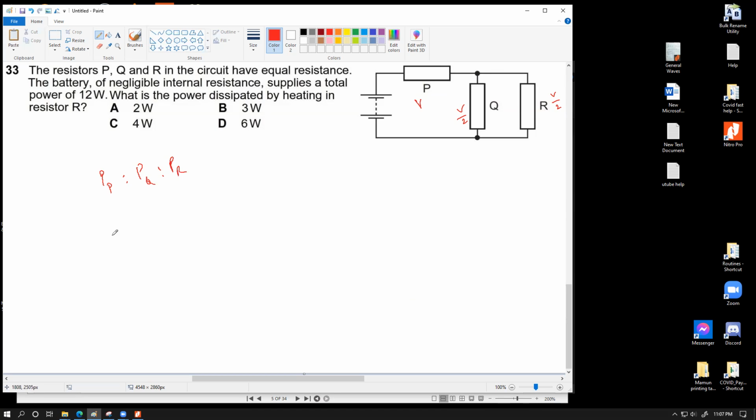So what I'm gonna write, this is gonna be V squared divided by R is to (V/2) whole square divided by R is to (V/2) whole square into R. So this is going to be the ratio for these things.